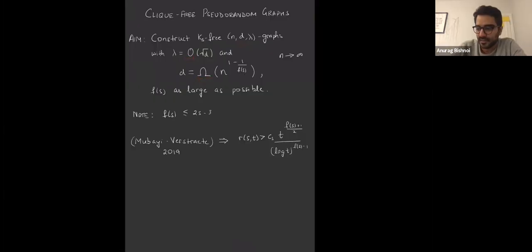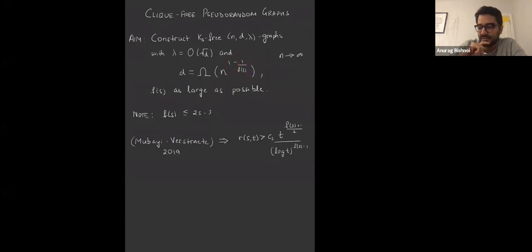The way we capture density is to write d as n to the 1 minus 1 over f of s, and we want f of s to be as large as possible. Note that if f of s is large, then 1 over f of s is small, so the whole exponent is large. Just to be clear on these things.